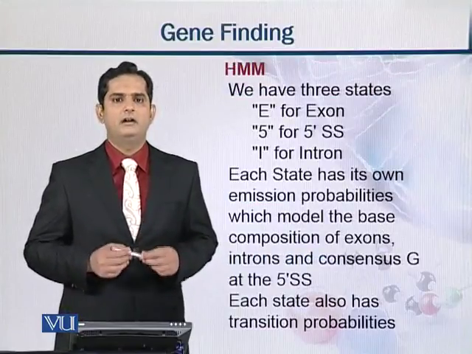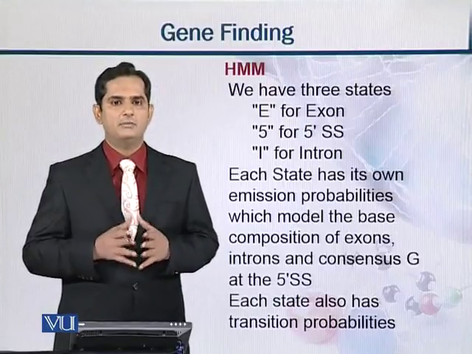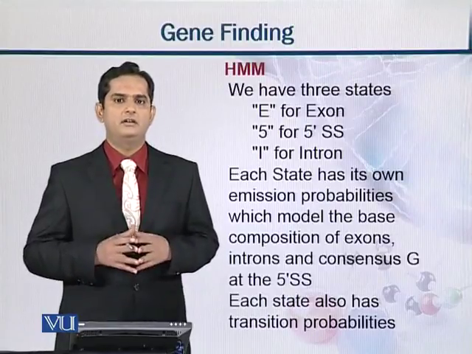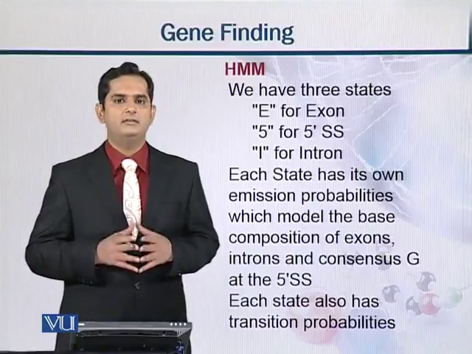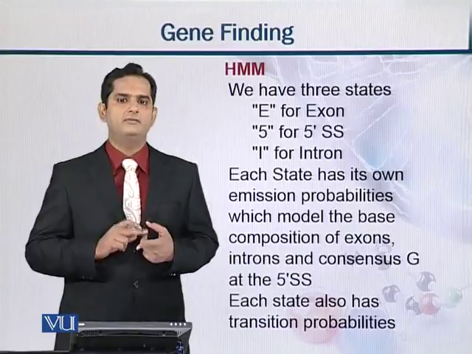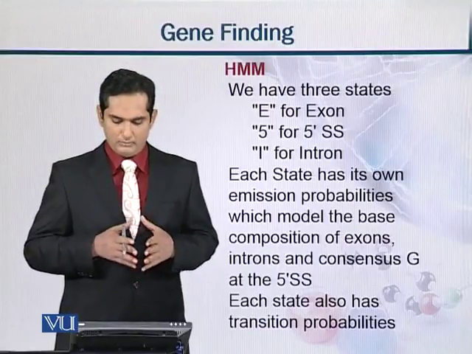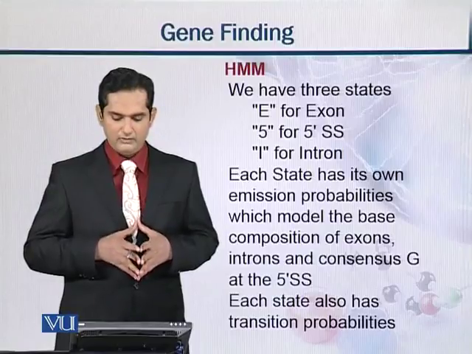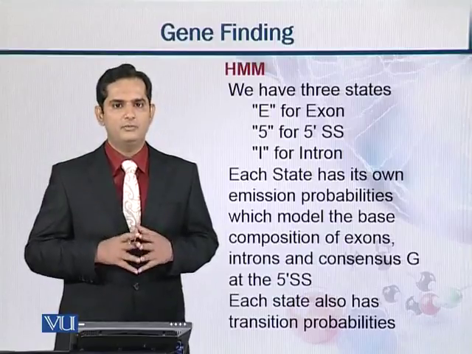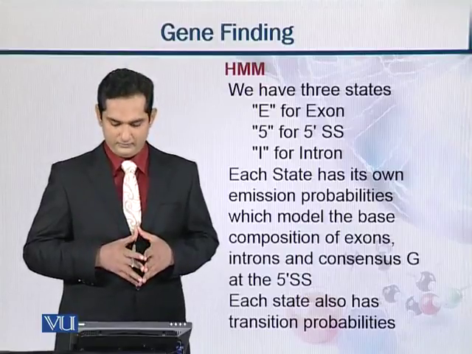Whenever we talk about HMM, what we need for starting any HMM is states. In our particular case, we will have 3 states: one for intron, one for exon, and one for our 5' splice site. Based on these states, we will try to find out the emission probabilities and the transition probabilities.